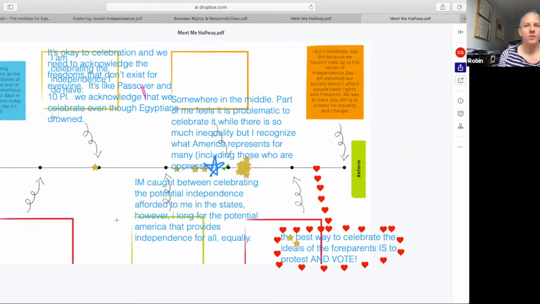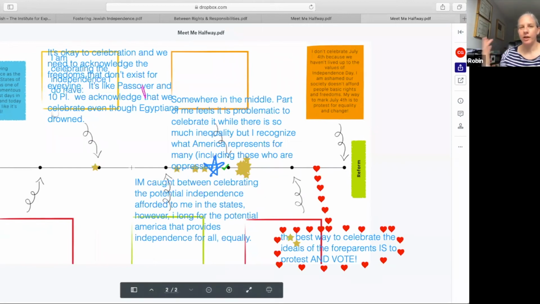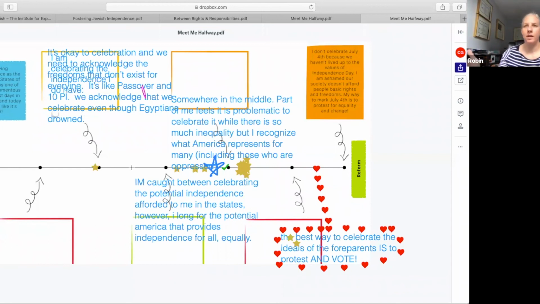Okay. It reminds me a lot of Passover and the 10 plagues, right? So we have this huge celebration about freedom, and yet we acknowledge that Egyptians drowned at our expense. And so I guess to me, there's an independent parallel there. It's almost even like a Jewish wedding, right?